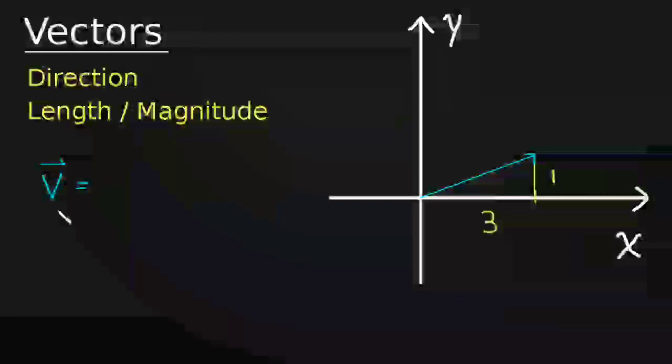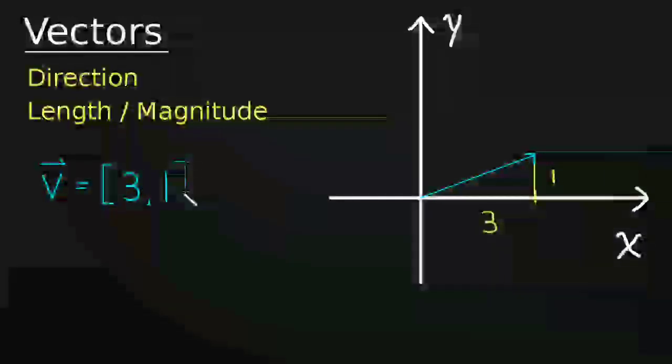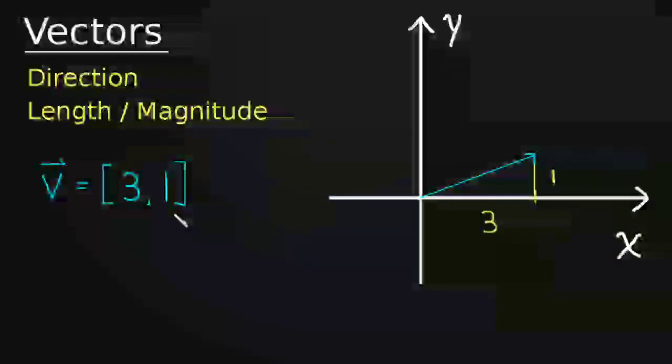Well, now I can say that this vector is equal to its components. So that's a new word for us. It's equal to its x component, which is 3, how much it moves over in x, and its y component, which is 1, which is how much it moves up in y.